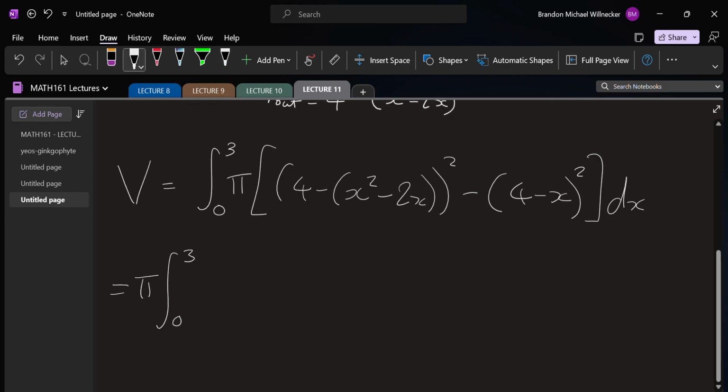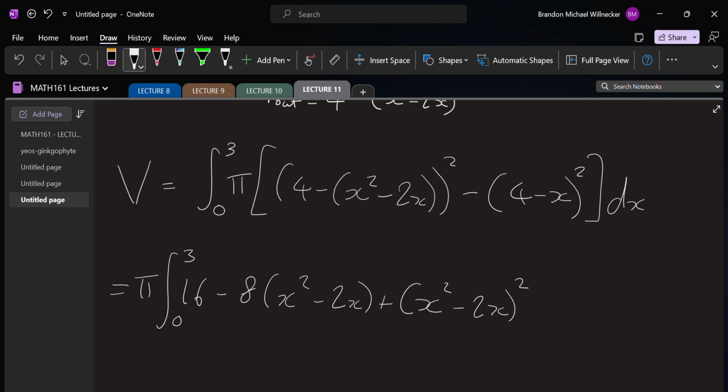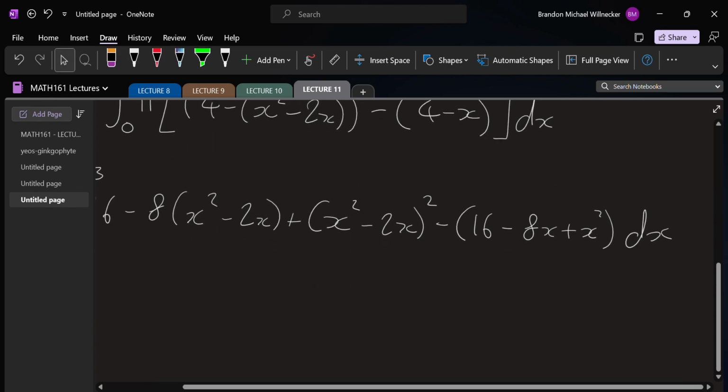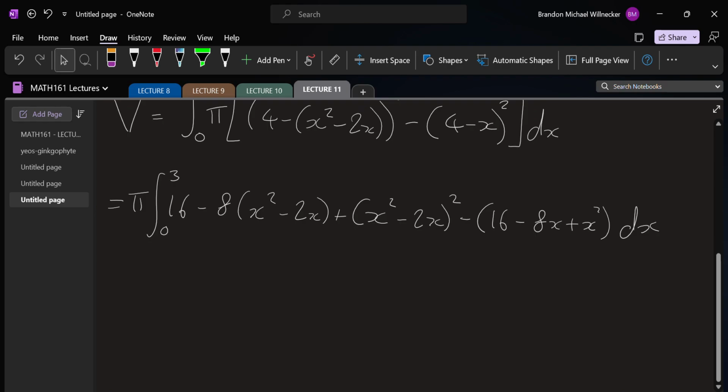So this is going to be pi integral from 0 to 3. We can expand that first bit out. That's going to be 16 minus 8x squared minus 2x plus x squared minus 2x squared. We can expand out the second part too, which is 16 minus 8x plus x squared, dx.